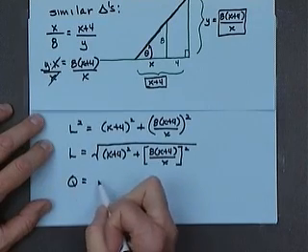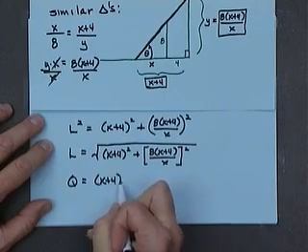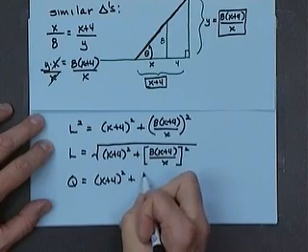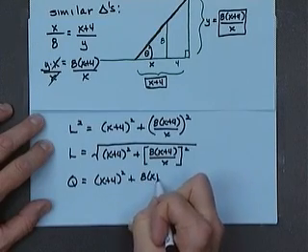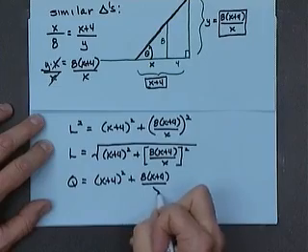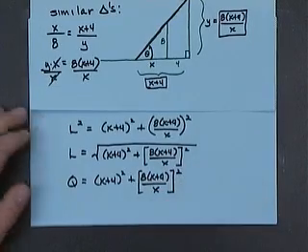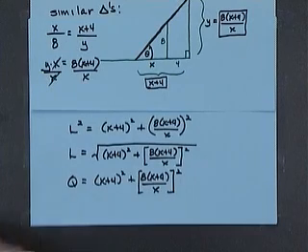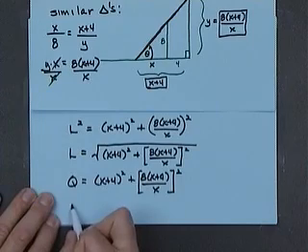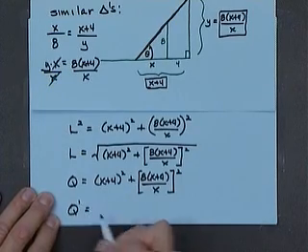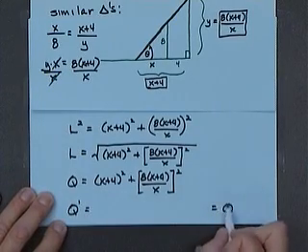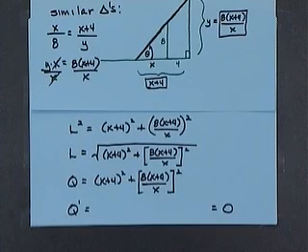Doesn't matter what you call it. So square everything out, distribute, group together like terms. Then you would want to take q prime and set it equal to 0.